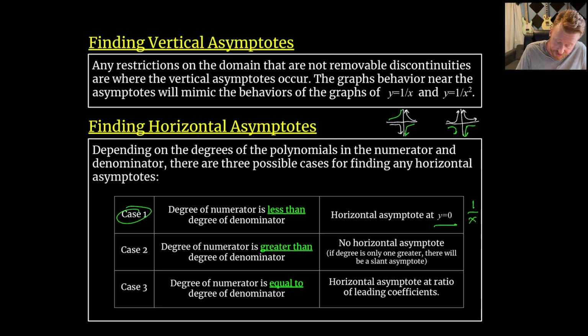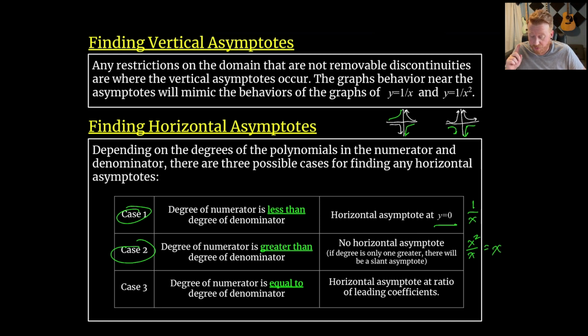The second case is if the degree of the numerator is greater than the degree of the denominator. Here, there is no horizontal asymptote. So if I look at something like x squared over x, what we get is the line x. And x doesn't have a horizontal asymptote, so neither will anything with a degree in the numerator greater than the degree in the denominator.